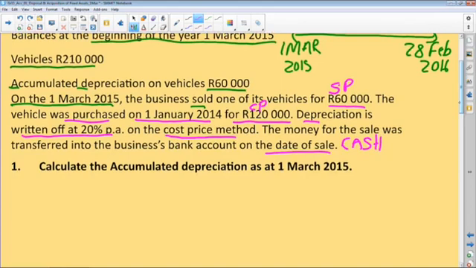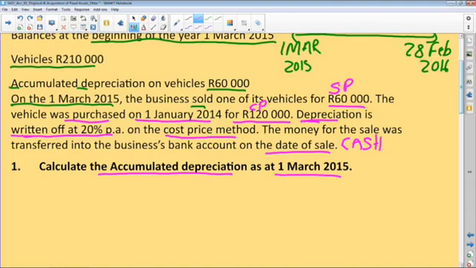Right, let's now look at the question. The first question wants us to calculate the accumulated depreciation as at 1st of March 2015. Immediately, guys, after reading through this transaction, you would have noticed that they haven't given me the accumulated depreciation.